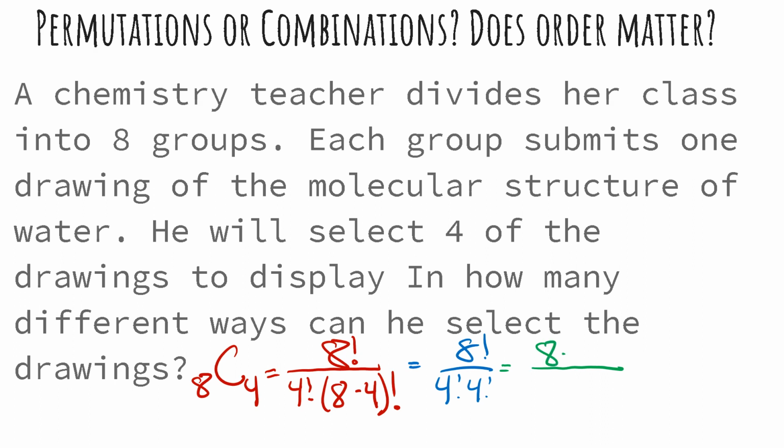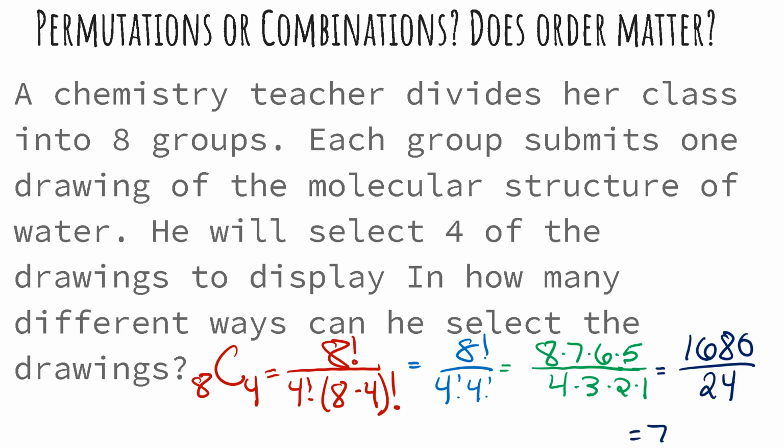So it's going to be 8 times 7 times 6 times 5. Cancel out one of the 4s, so we have 4 times 3 times 2 times 1 in the bottom. So it'll be 1680 over 24, which equals 70. So 70 different ways that this chemistry teacher can select the drawings.